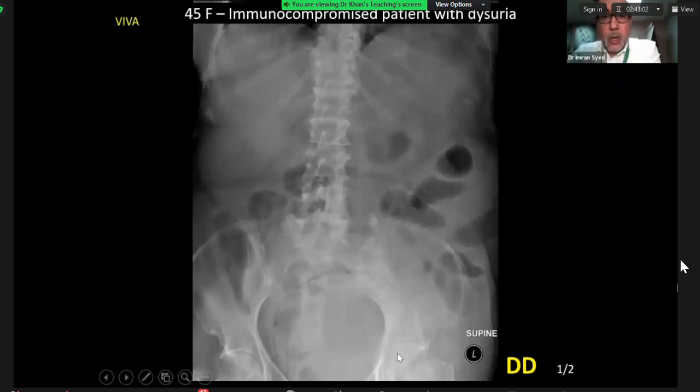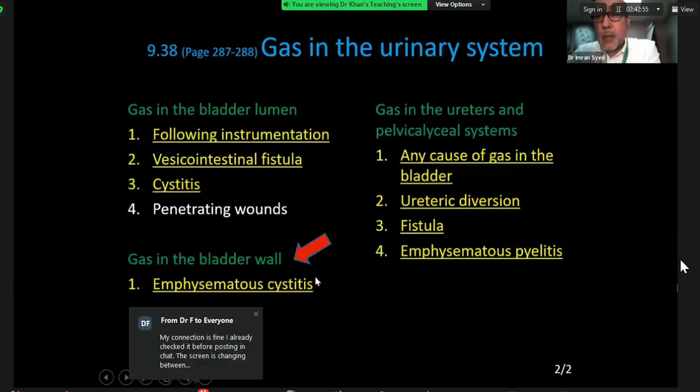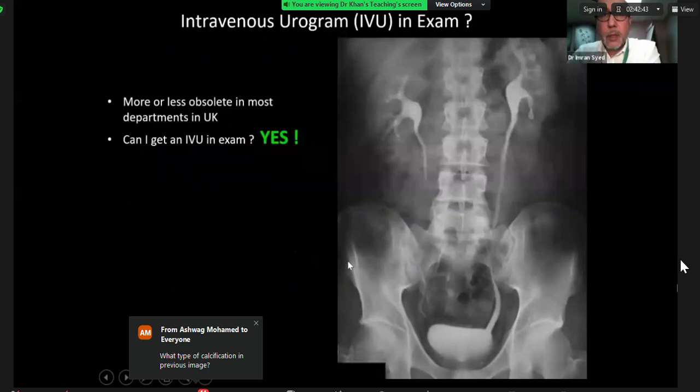So the features are completely in keeping with emphysematous cystitis. Generally speaking, gas in the bladder wall only has a single differential, and it's worth referring to Chapman to review this in further detail.